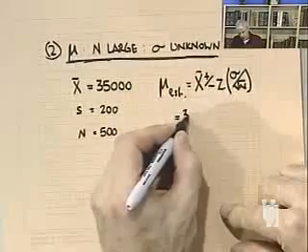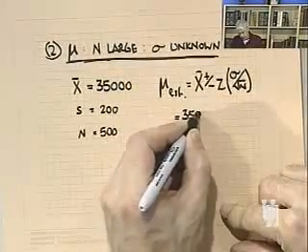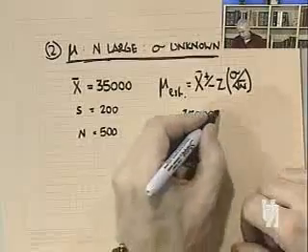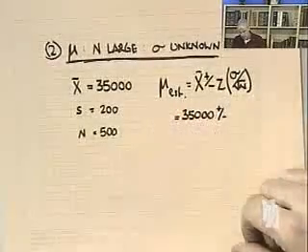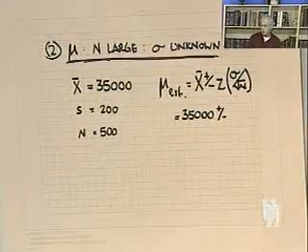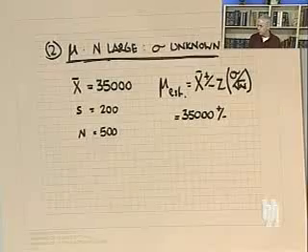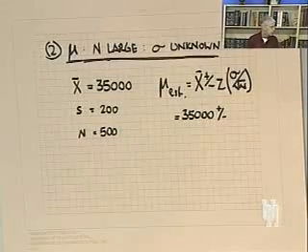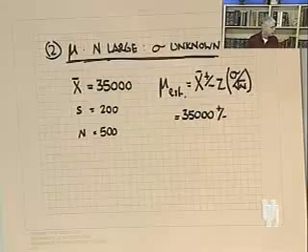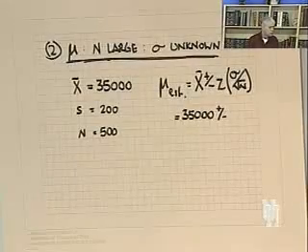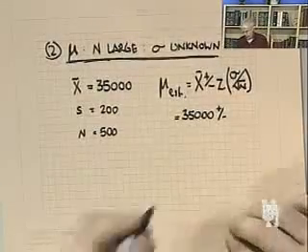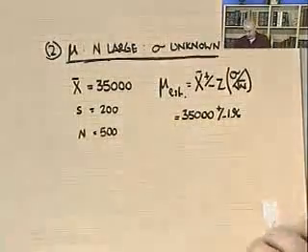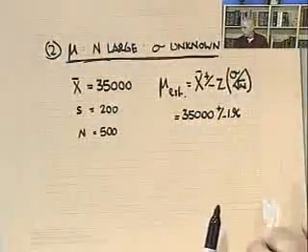In this case, X bar is 35,000, plus and minus. We were instructed to compute the 95% confidence level. Therefore, Z is equal to what? Plus and minus 1.96. It's here that we run into trouble.